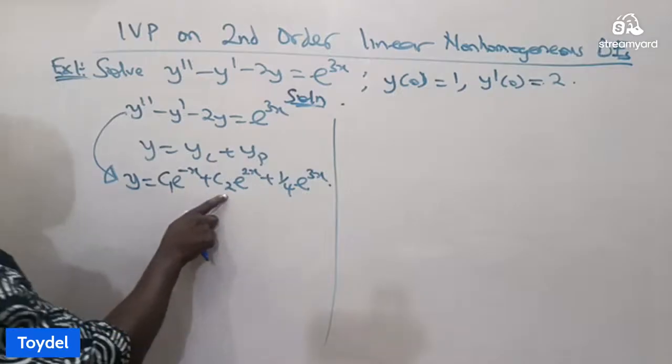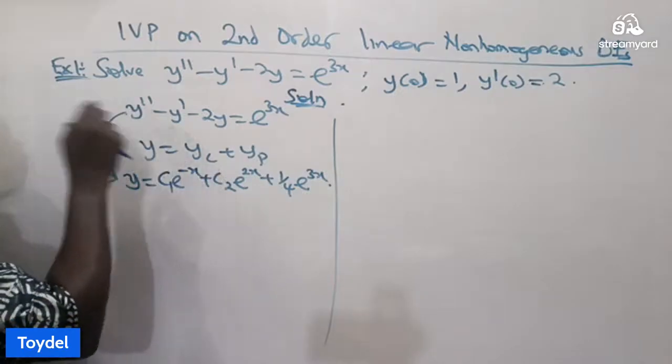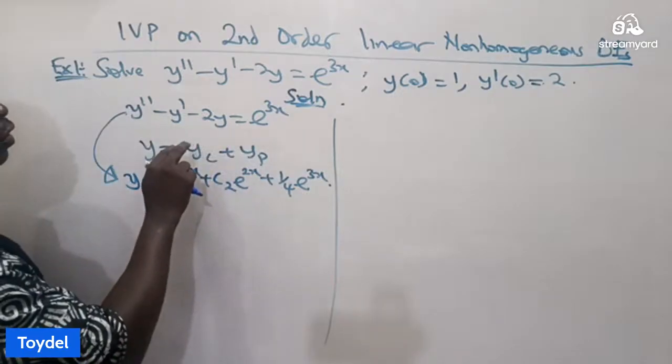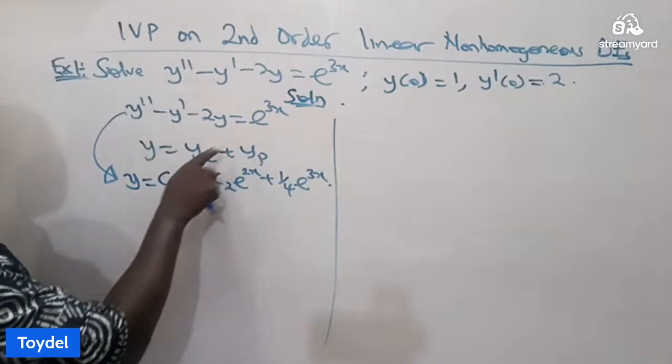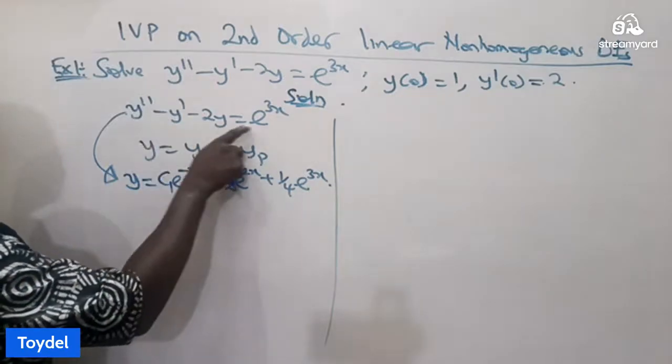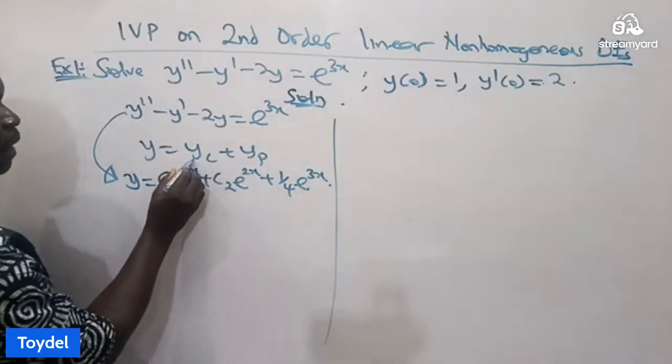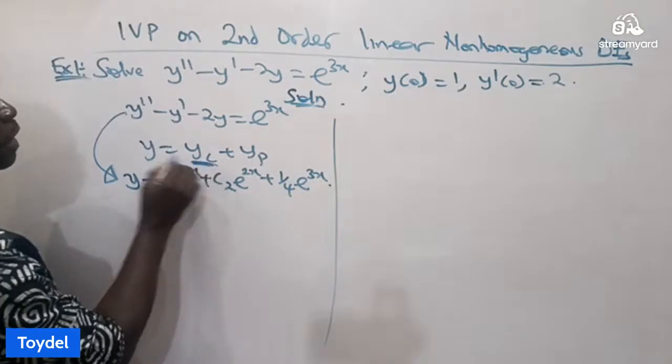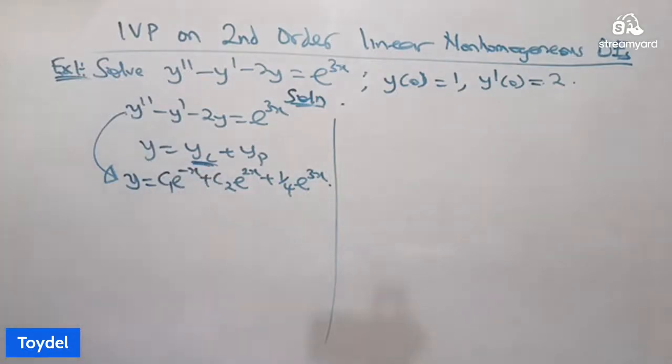How do we get the general solution? It's a linear non-homogeneous equation. You first equate the right hand side to zero in order to get the complementary solution. Once we know this complementary solution, we'll go ahead to find the particular solution.